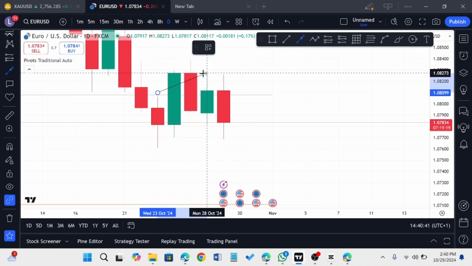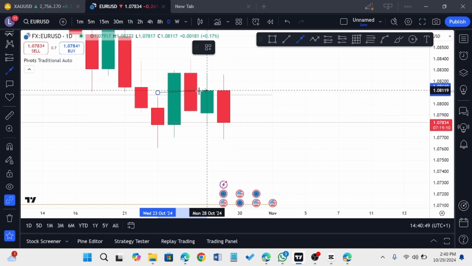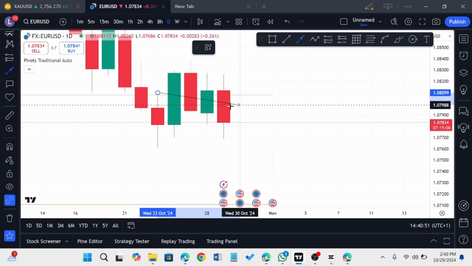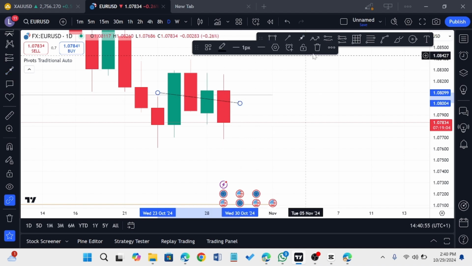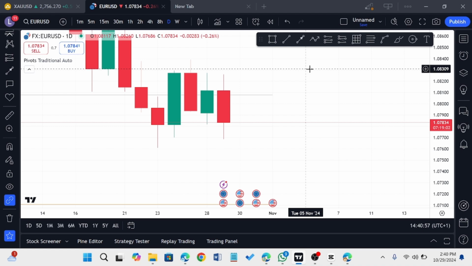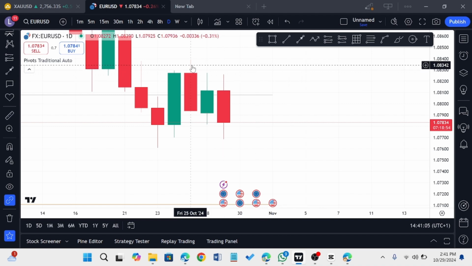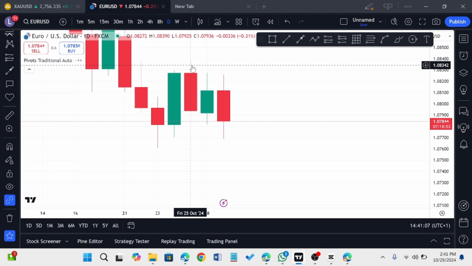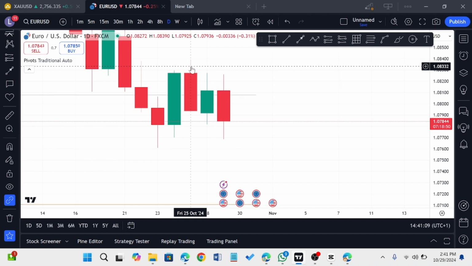The high of the day plus the low of the day plus the close, all divided by 3 to give us the base pivot line. Now from this central pivot line, we derive 3 support levels: the S1, S2, S3, and 3 resistance levels: the R1, the R2, and the R3.